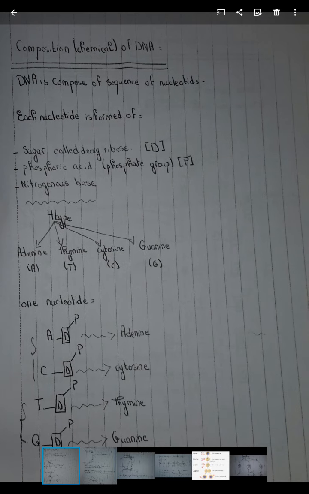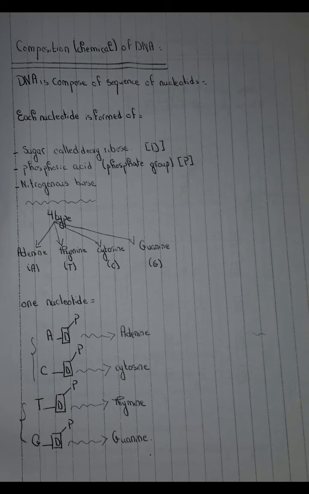Now, the chemical composition of DNA, which means what is it made up of? DNA is composed of nucleotides. You should memorize this.